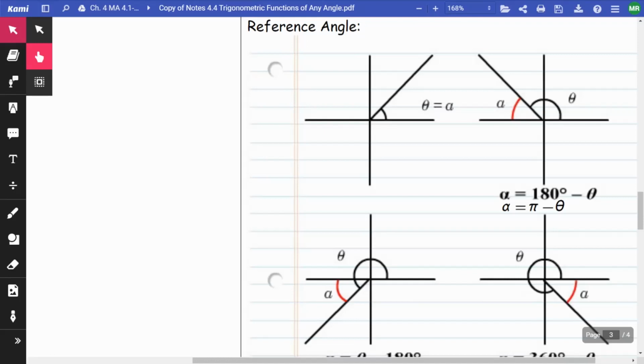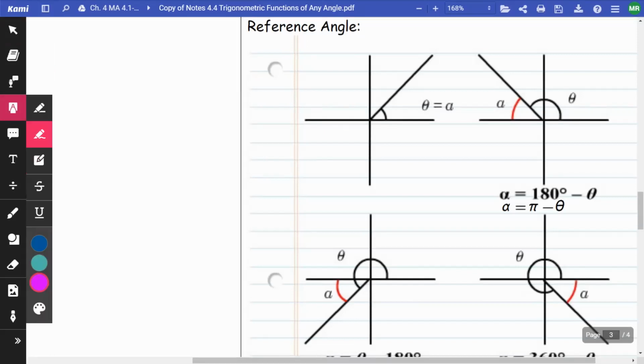Whether I'm dealing with radians or degrees, I care about the angle that it is making from that terminal line to the x-axis. So this is the angle I'm looking at. Even though the angle I had was this theta, which goes all the way to here, I want the distance from here to here, that angle.